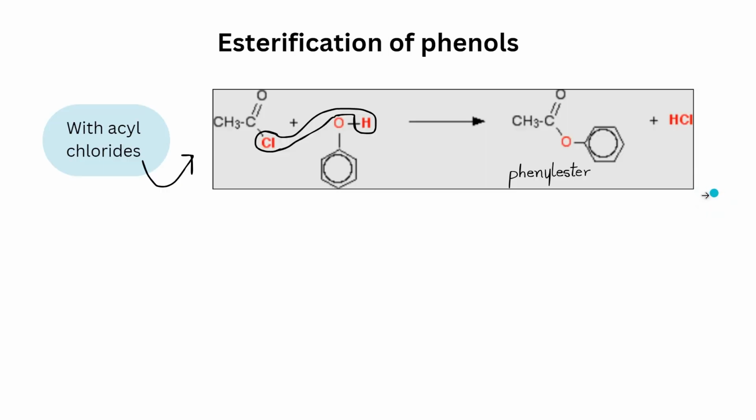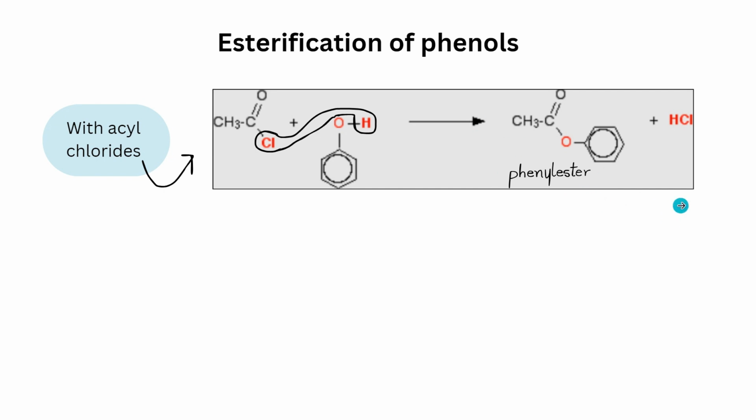It never reacts with a carboxylic acid. Phenol reacts with acyl chloride to form an ester. Here you can see that this Cl and this H combine to form HCl, and we have our phenyl ester. Why is it an ester? Because we see the functional group for ester here, C double bond O, and then it is attached to O, and we have our phenyl ester.